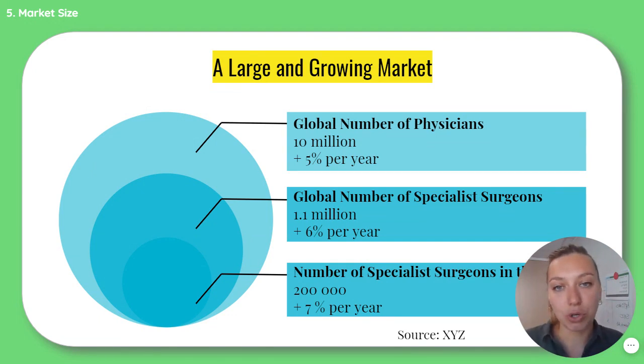You can either show your market in terms of values, in terms of dollars, or you can show it in the number of transactions, or the number of users, or number of potential customers. So here it's based on the number of potential users. Bonus is if your market is also growing, because that makes the investor really excited. So make sure to put those growth numbers in there.